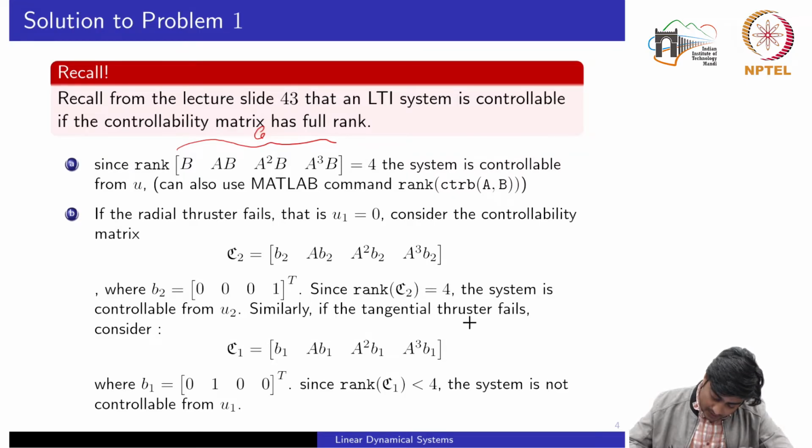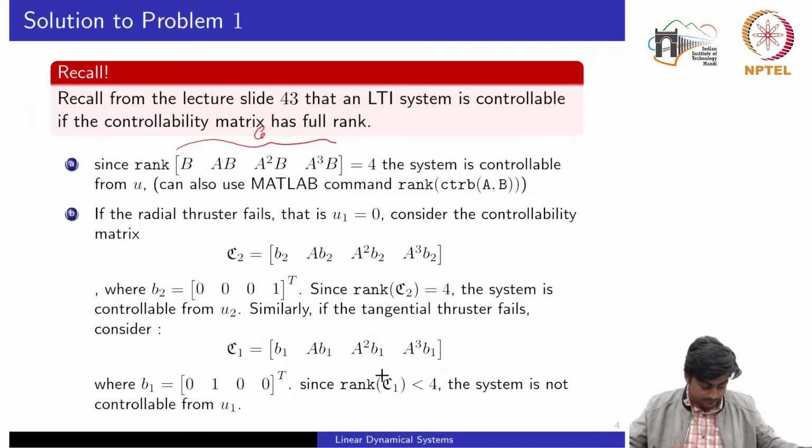Now, if the other input fails, we compute the controllability matrix and we see that the rank is less than 4, meaning that if u2 fails, then you cannot completely control the system by using only the input u1.